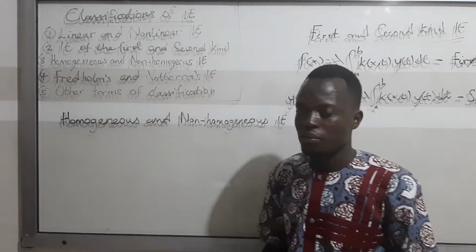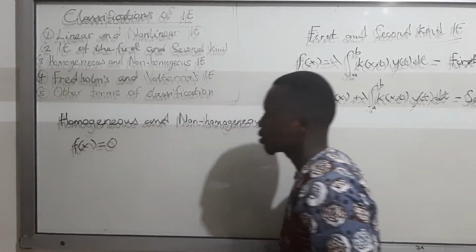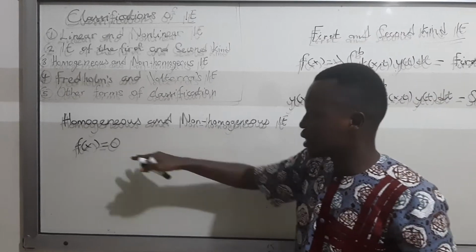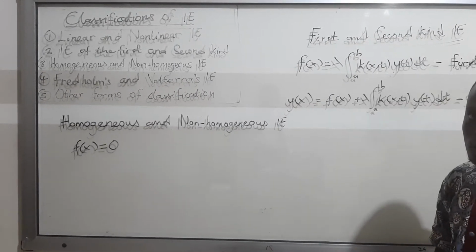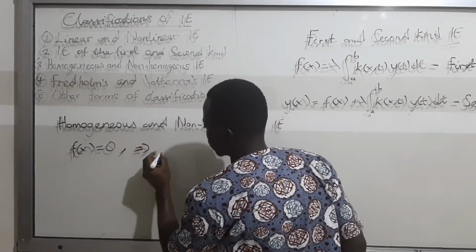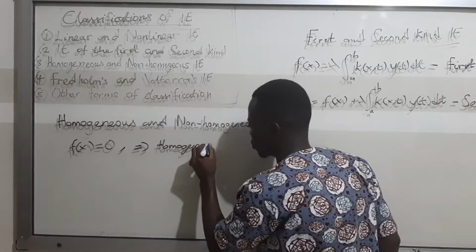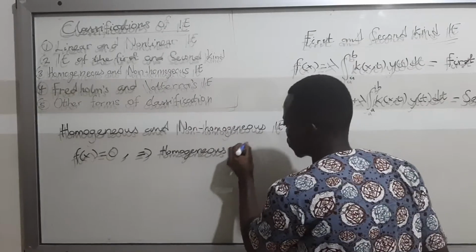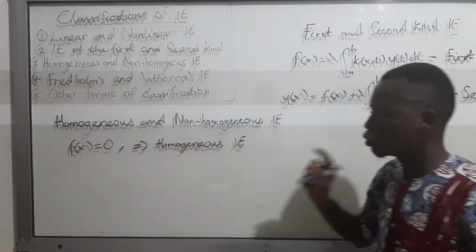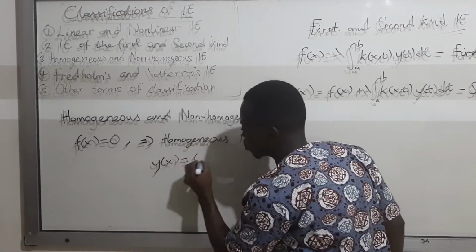Whenever the free term f of s is equal to 0 in the integral equation, this makes the integral equation homogeneous. And it always has a trivial solution, y of s is equal to 0.